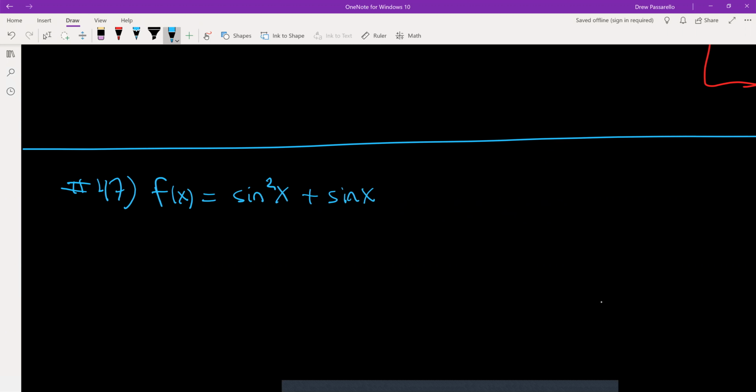And it's defined on the same interval, 0 to 2 pi. All right, and that's our domain. So what do we do? We first find the derivative.